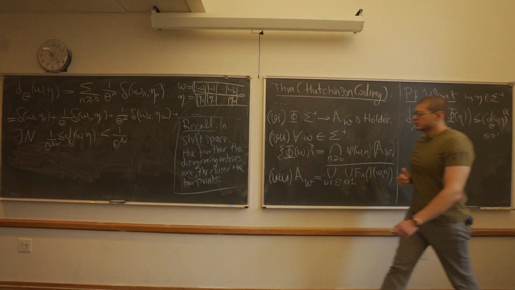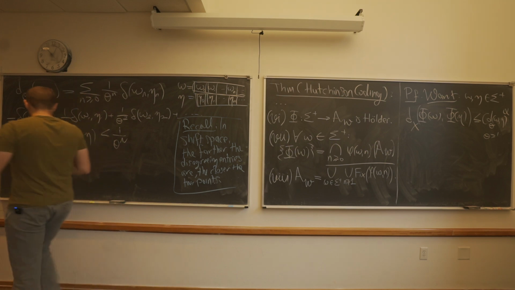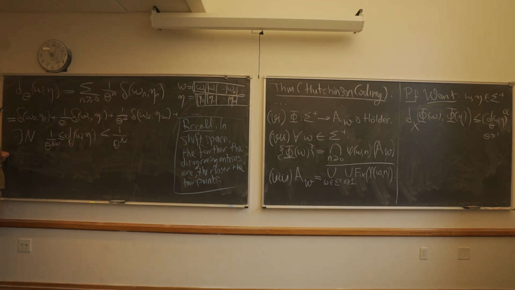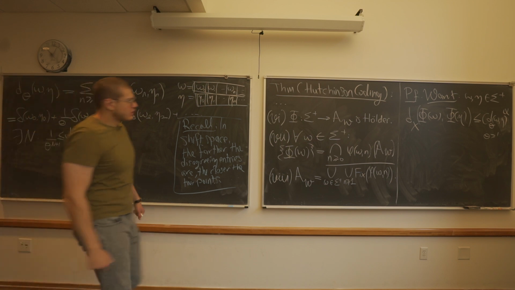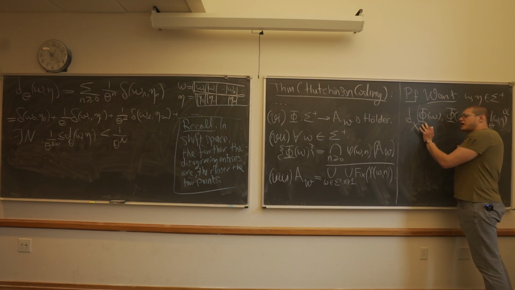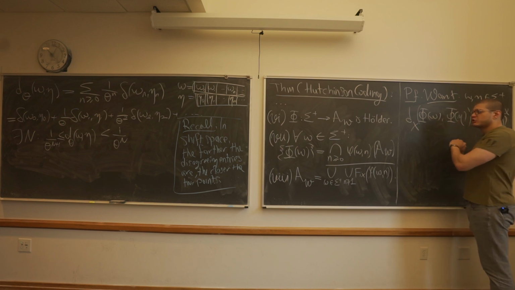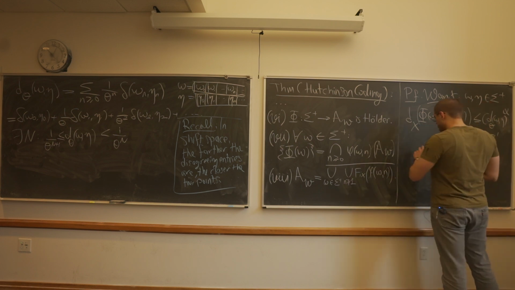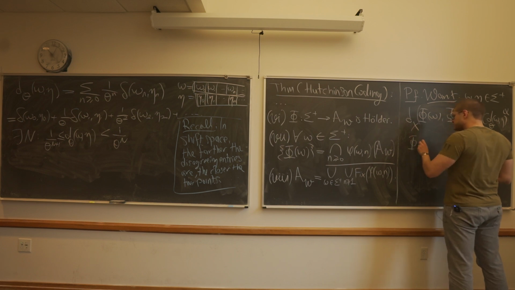Okay, so let's do this then. Once I fix my omega and eta, I have an n like this. I'm fixing that n as well. Now I'm going to use this property that we proved last time, which says something about how uppercase phi interacts with lowercase phi. Recall that we had this relation.